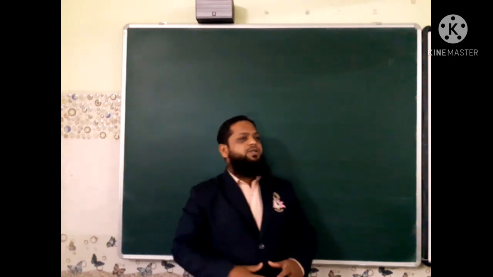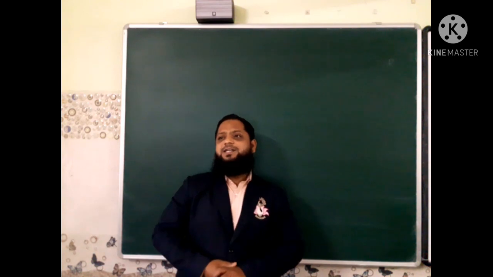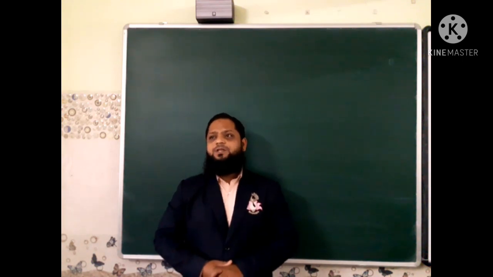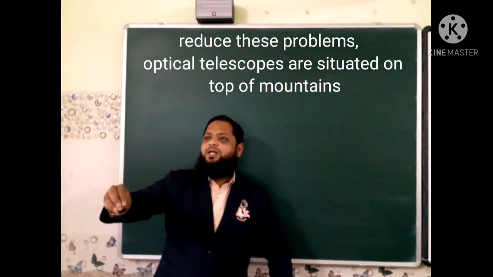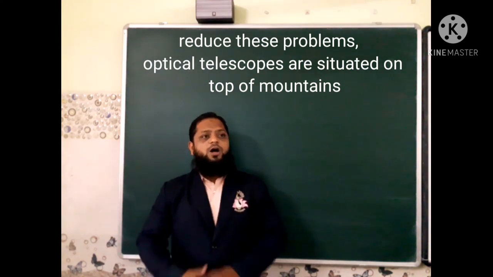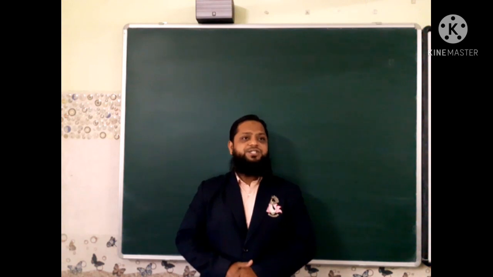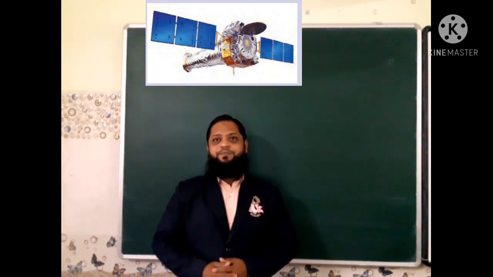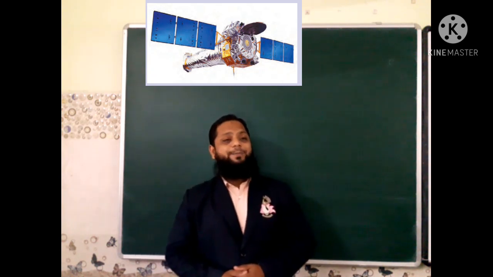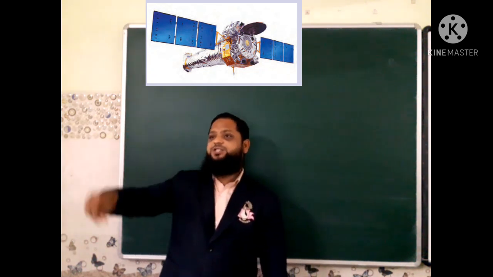To overcome all these problems, scientists concluded that we can keep the telescope in a mountainous region. At night, electricity light also creates a problem to observe the heavenly objects in space.